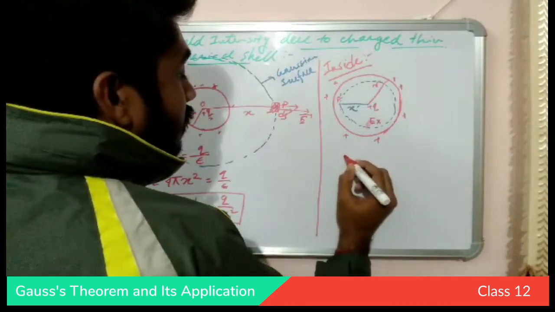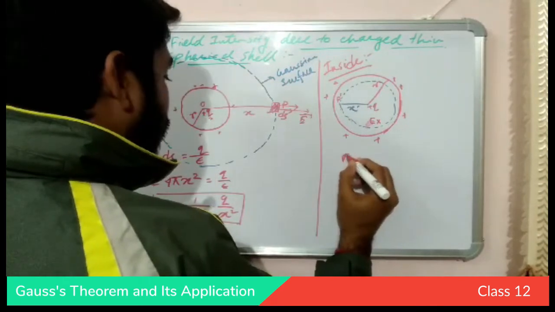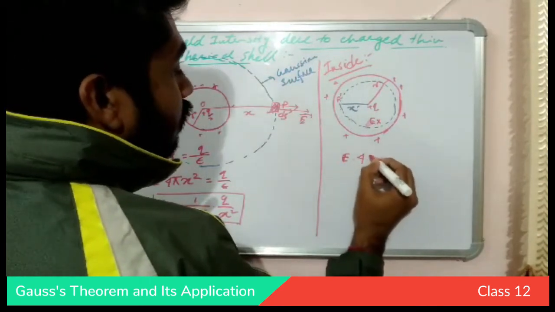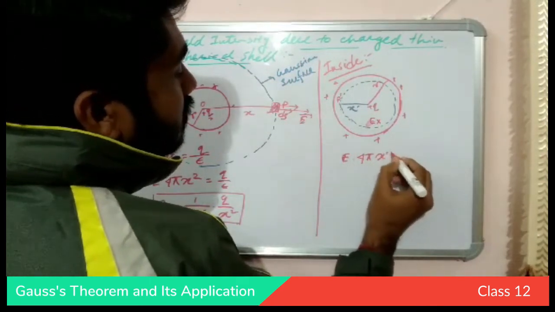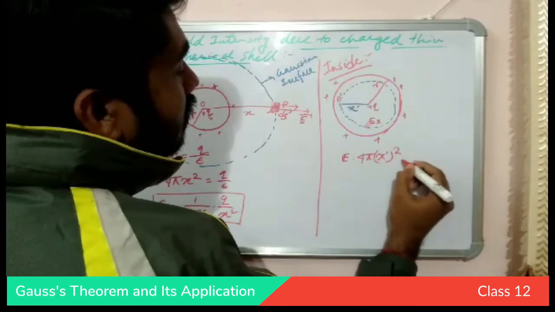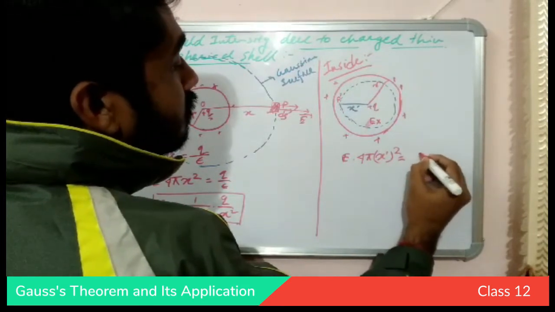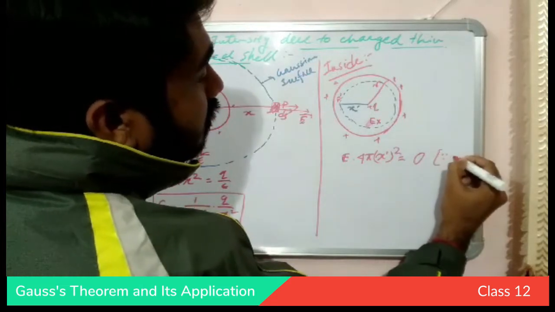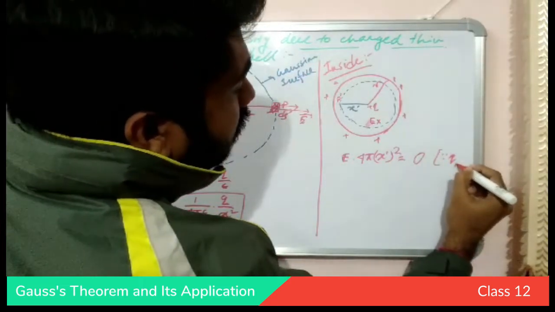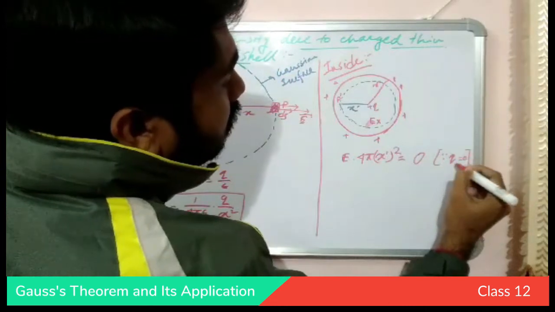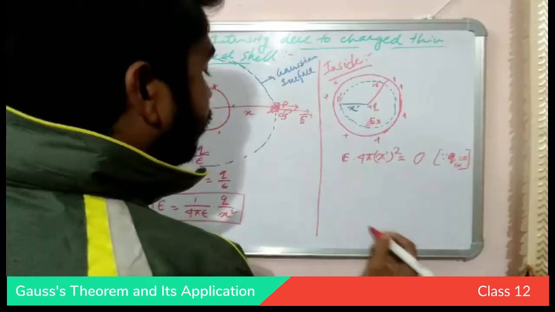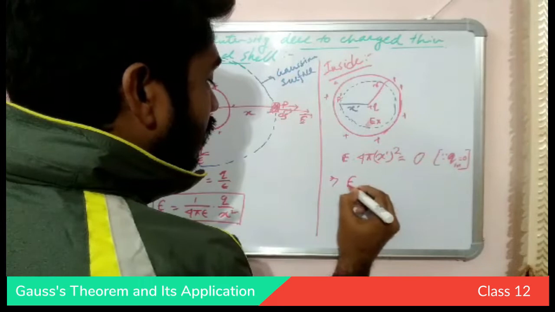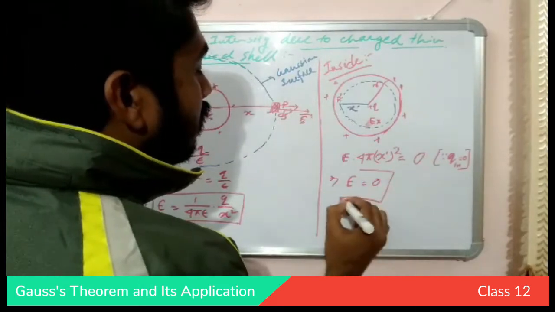So E dot 4 pi x prime square is equal to 0. Why 0? Because q inside is 0. So E is equal to 0.